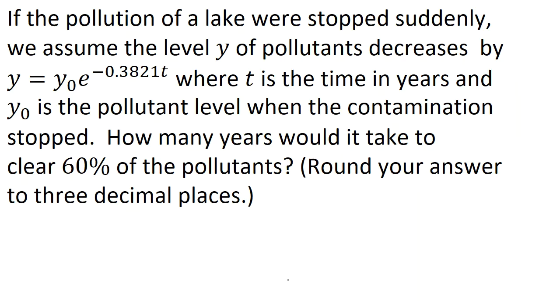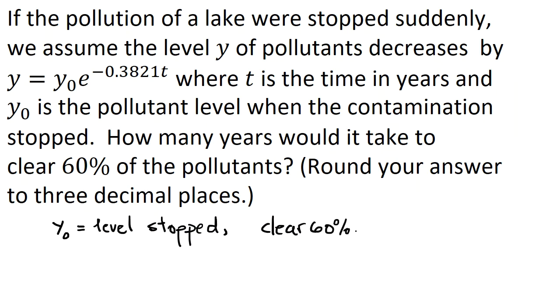Here we have to think about this a little bit before we start. So in this problem, we're told that y0 is the pollution level when the contamination stopped. So the level when it stopped. And the problem is we want to see how many years to clear 60%.